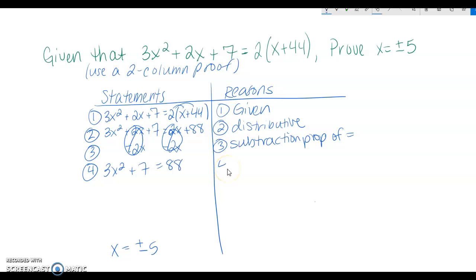So then this actually is 2x plus negative 2x equals 0. That cancels out, so that's going to be the inverse property. Then we can subtract 7 from both sides because of the subtraction property of equality again.